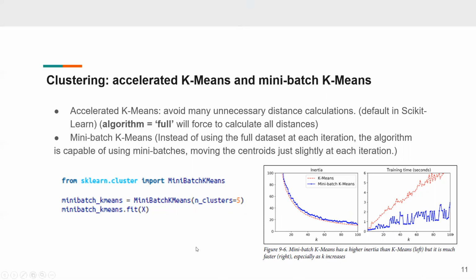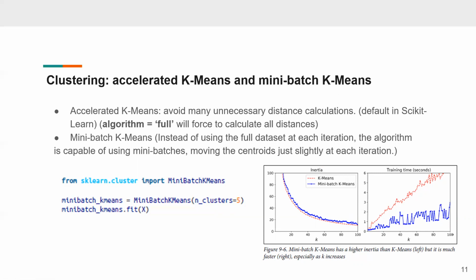It is the discussion of the inertia of k-means versus mini-batch. As we mentioned in the previous slide, we want to minimize the inertia of the algorithm.